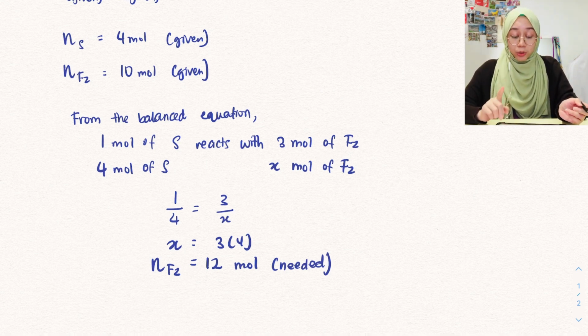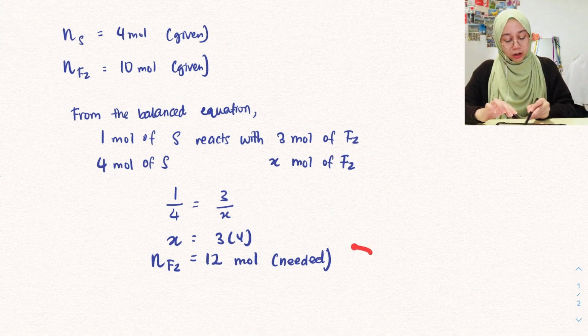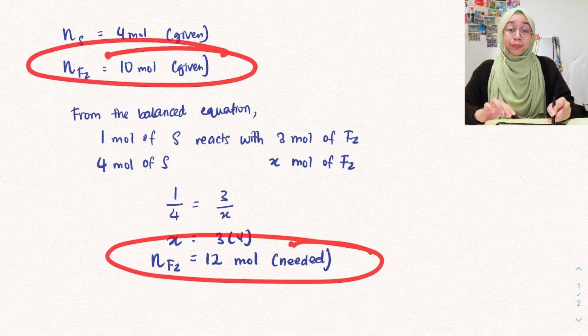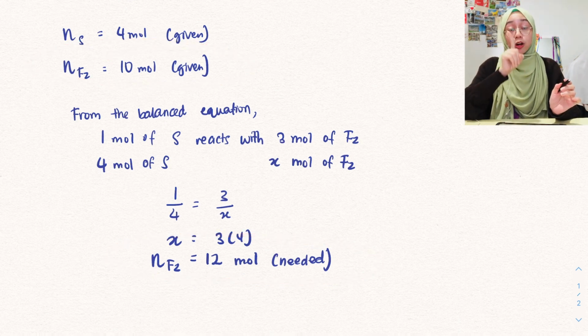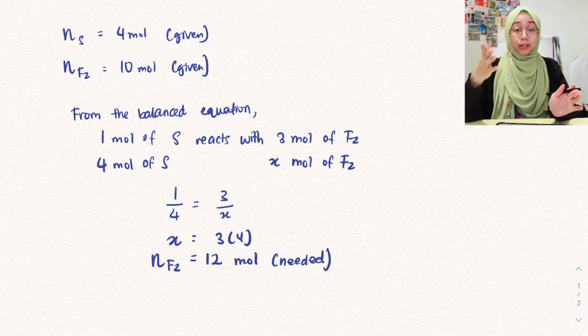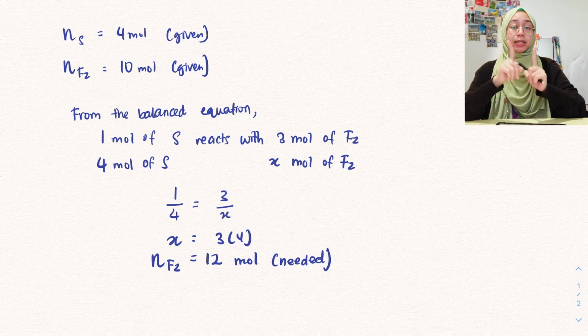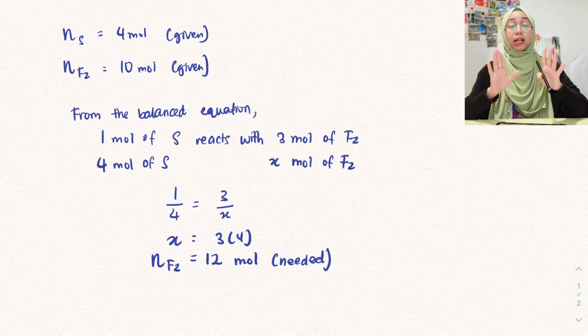Okay, so now kita comparekan the needed mole of F2 dengan the given mole of F2. Okay, so kita compare satu je lah. Kita compare sekali je. Tak payahlah compare untuk sulfur juga. No, tak perlu. Buat sekali je cukup. Because by the time kamu buat comparison sekali, kamu akan boleh determine whether the reactant is actually limiting ataupun excess.